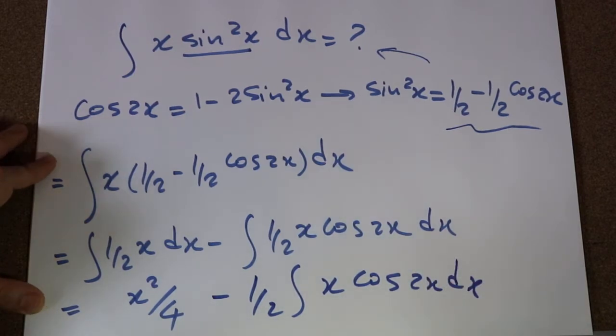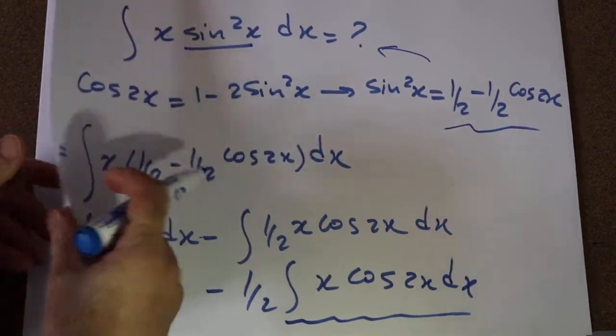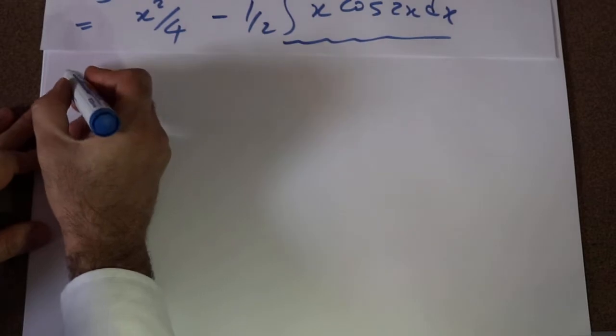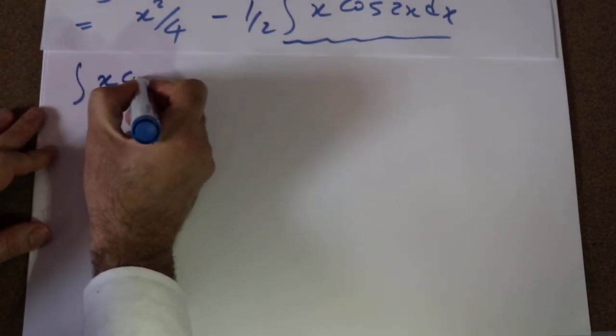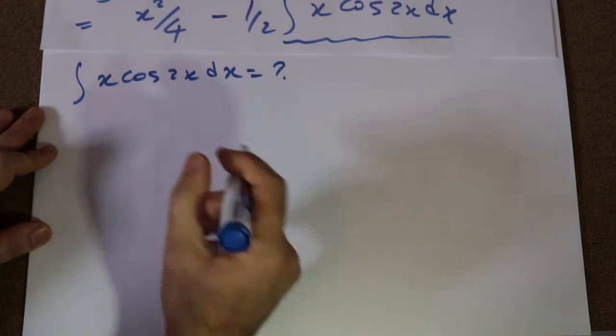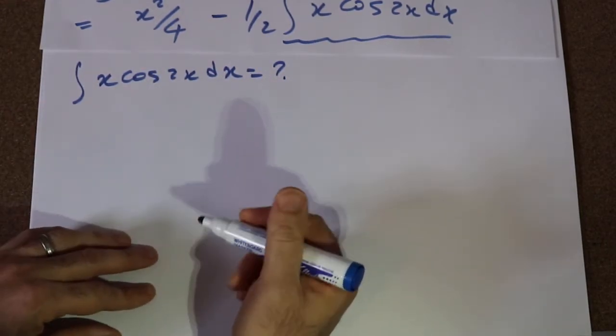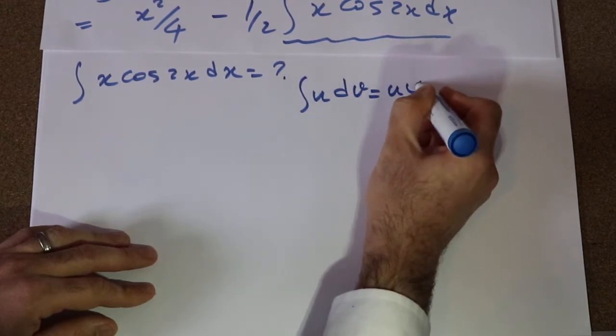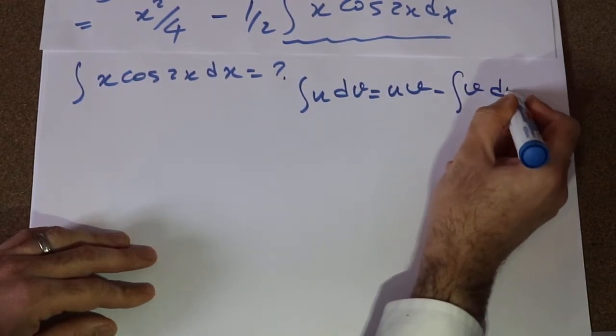Okay, so all you need to do now is to calculate this integral. Let's rewrite this integral, the integral of x cosine 2x dx. You can solve this integral using the formula for integration by parts, that is the integral of u dv is equal to uv minus the integral of v du.